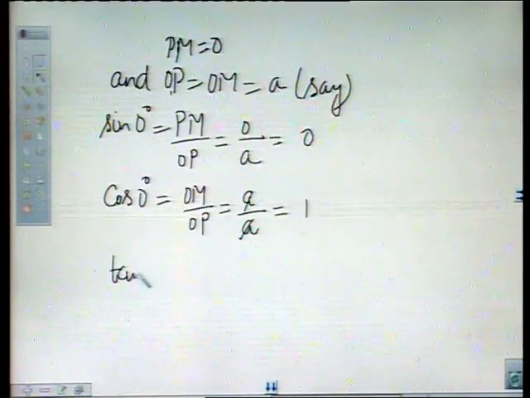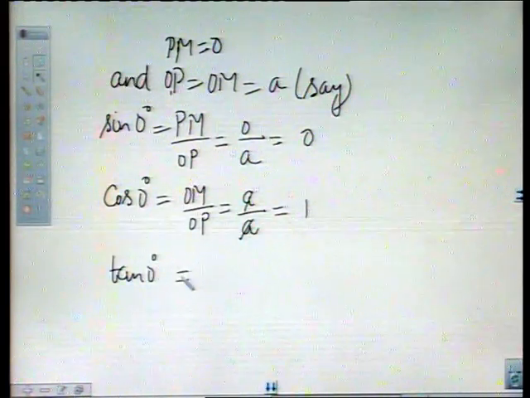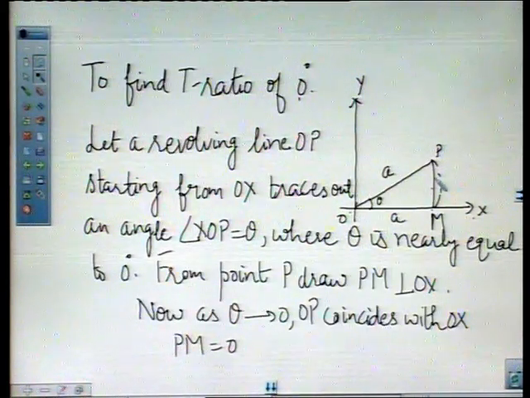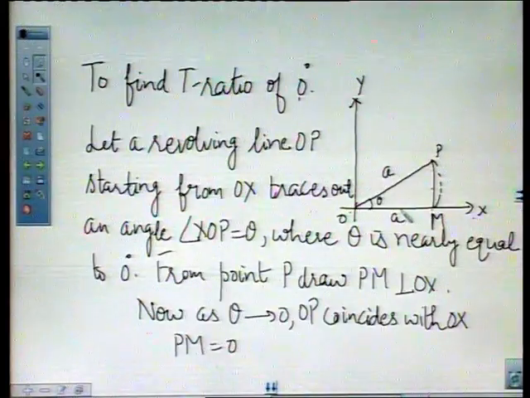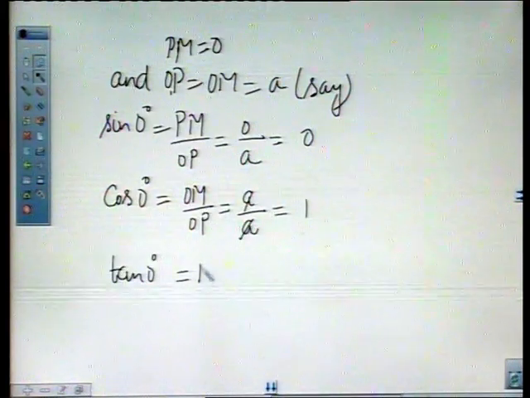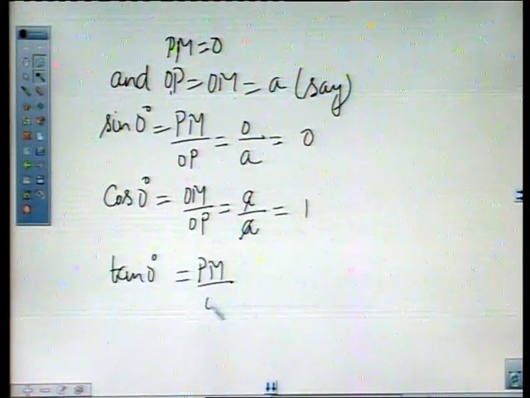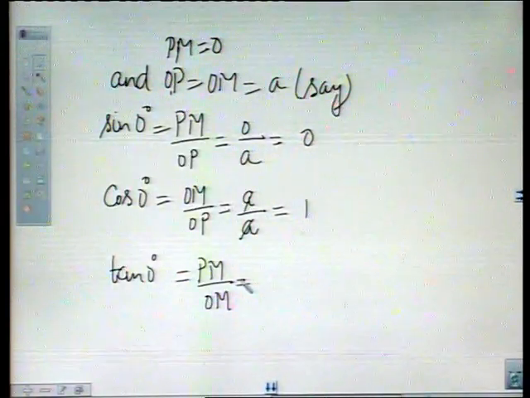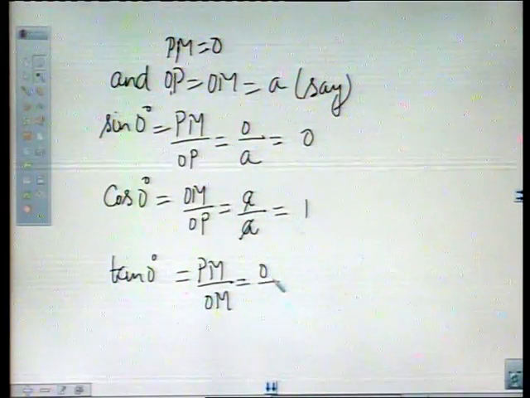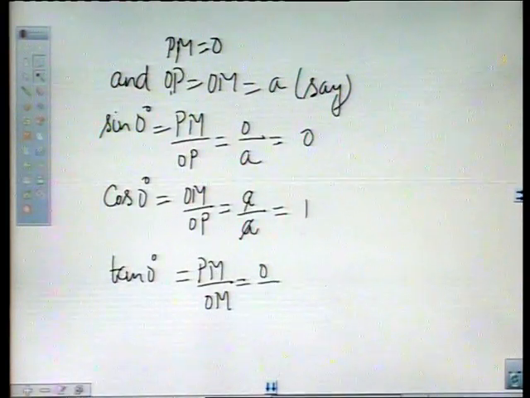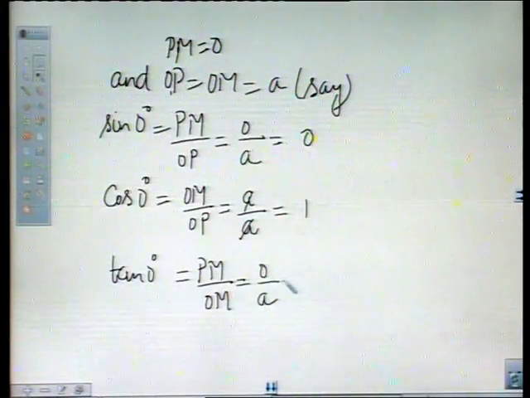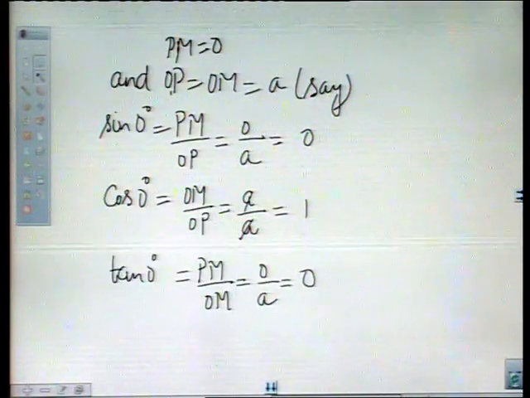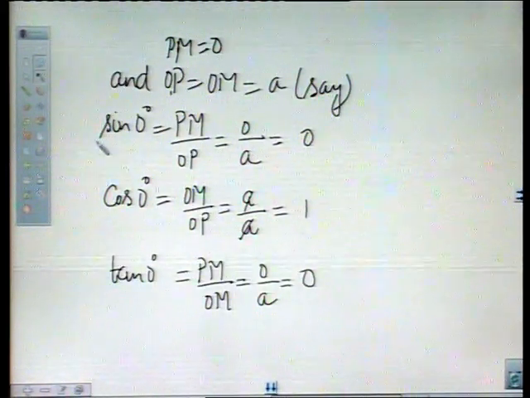Next comes tangent 0 degree. Tangent 0 is PM over OM. Value of PM is 0, whereas value of OM is A. 0 over a finite number is also 0. Now, we have the value of sine 0 as 0.